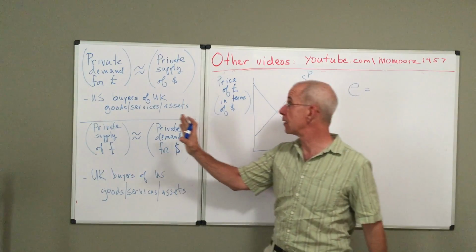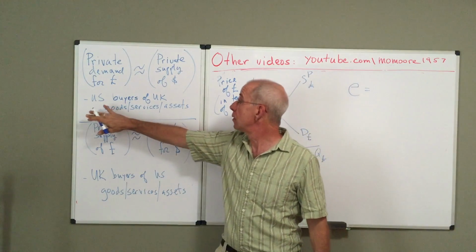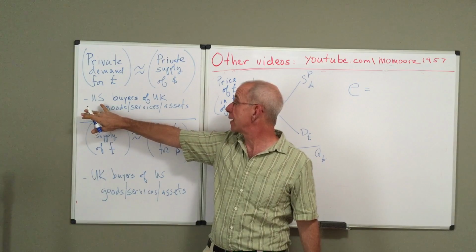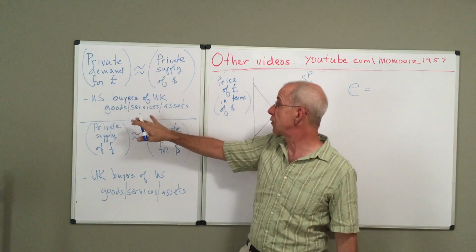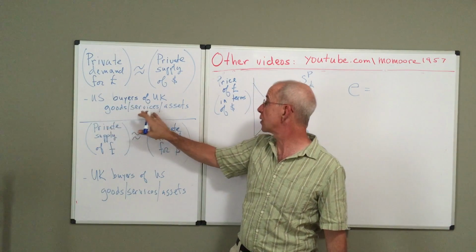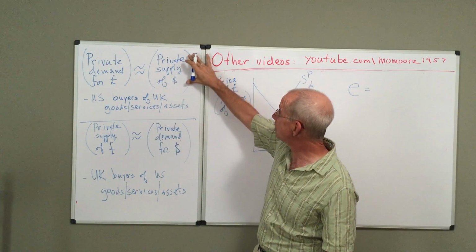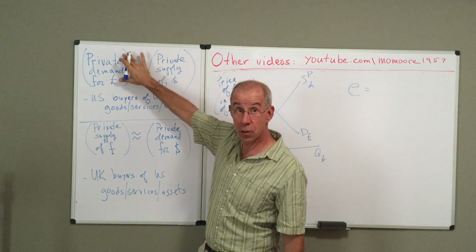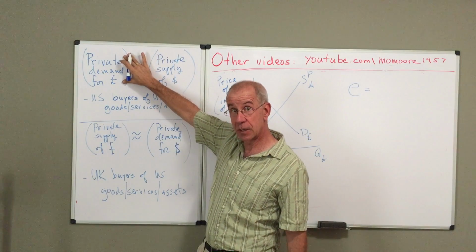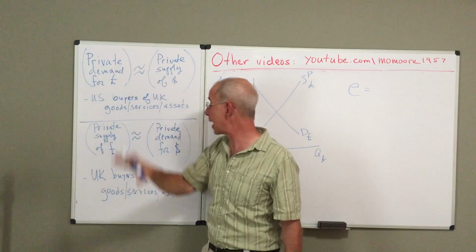I talked about in another video, the foreign exchange market reflects that US buyers of UK goods, services, and assets have to supply pounds in order to get the pounds they need to complete a transaction.